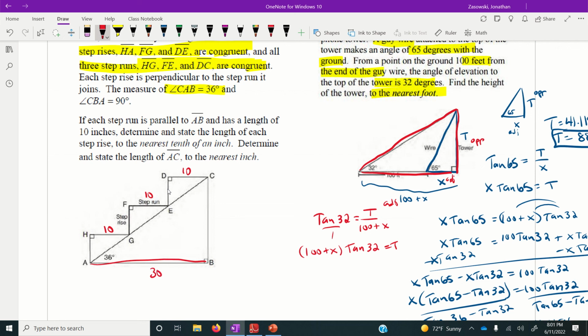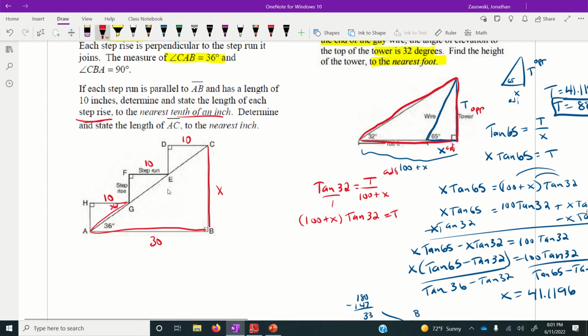Now, they want to determine the length of each step rise to the nearest tenth of an inch. So what we're going to do is do one of two ways. We can find the length of CB here, which we can call x first, and then just divide it by 3. Or if you remember that since these are parallel, this is also 36. And then we could use Sohcahtoa on this smaller triangle. And then you'll know the answer right away. So just to show you that both are the same.